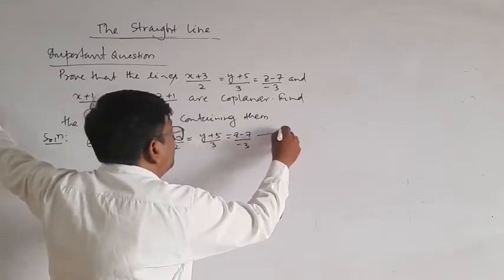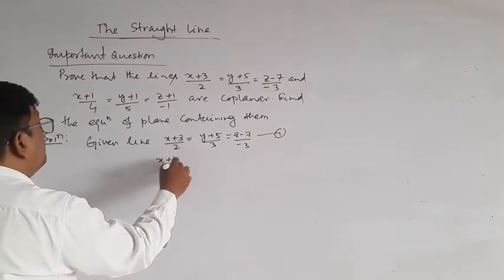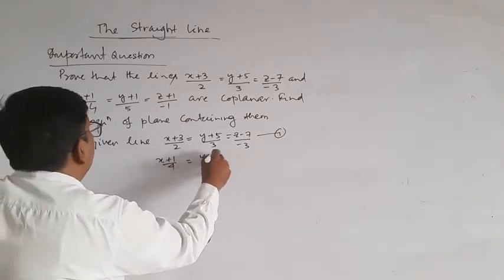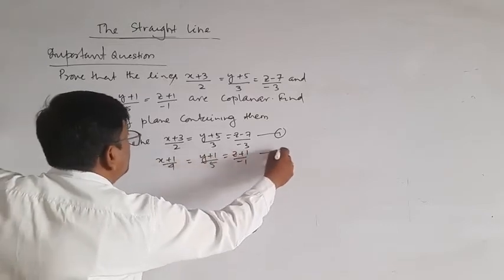Equation 1. And (x plus 1) by 4, (y plus 1) by 5, (z plus 1) by minus 1, equation 2.